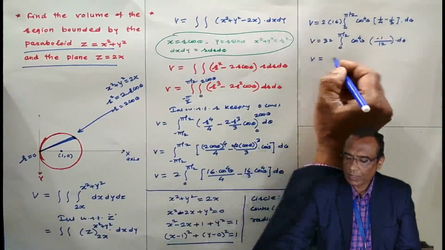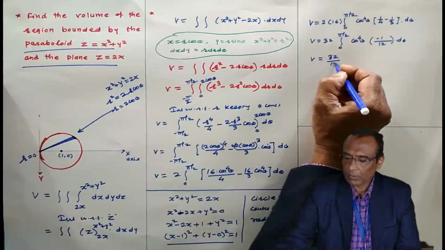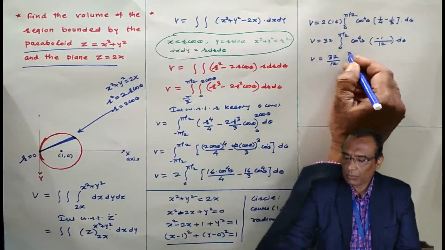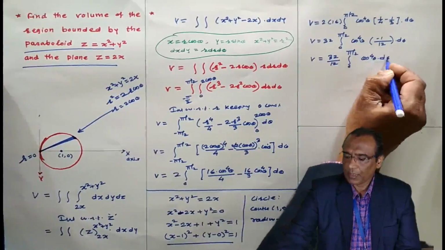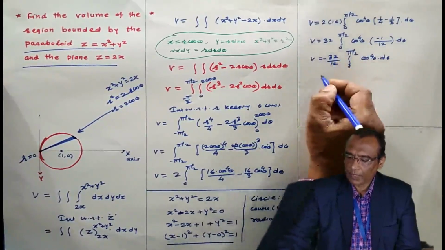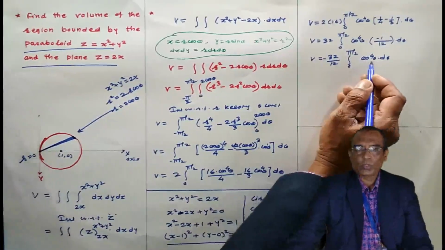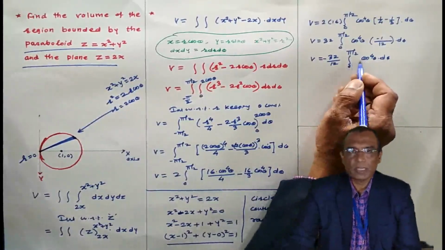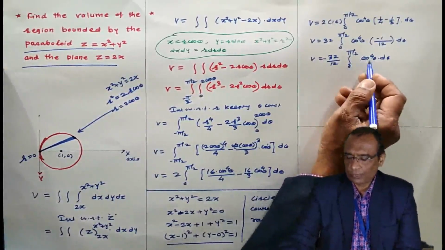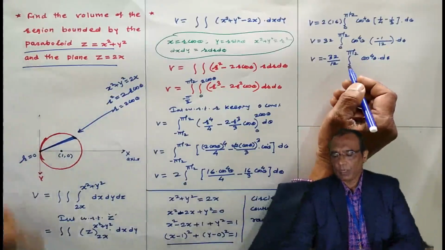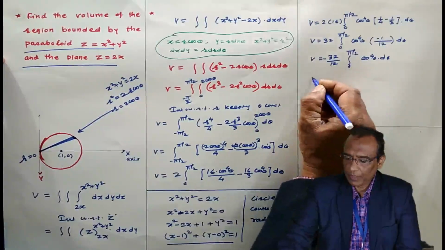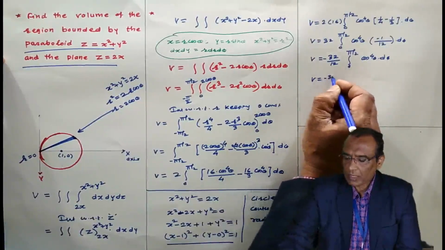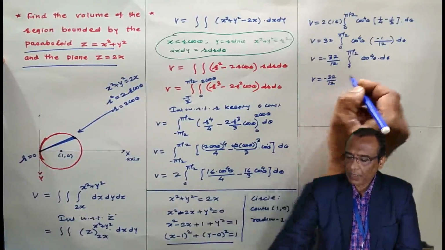V equals 32 by 12, 0 to pi by 2, cos raised to power 4 theta d theta, and minus I am taking outside. Now 0 to pi by 2, cos raised to power 4, you can evaluate this integral using gamma function or using reduction formula. We have done much practice on evaluation of this type of integral. V equals minus 32 by 12.